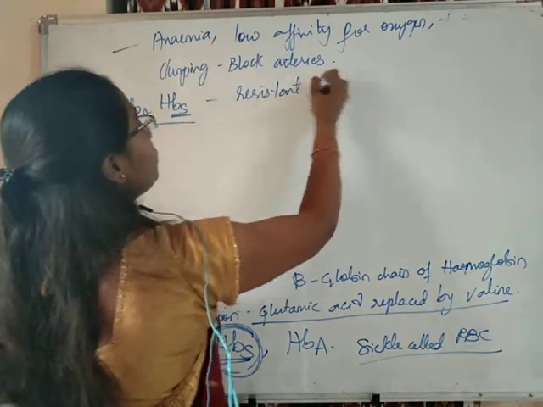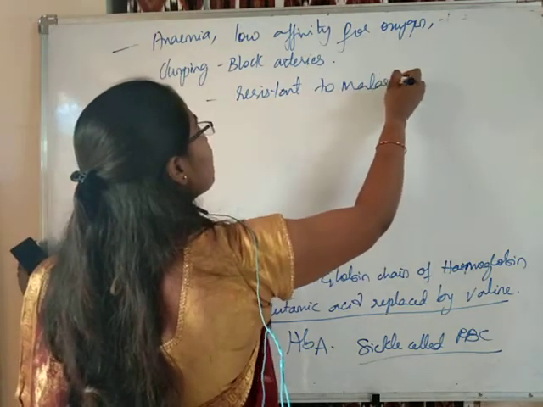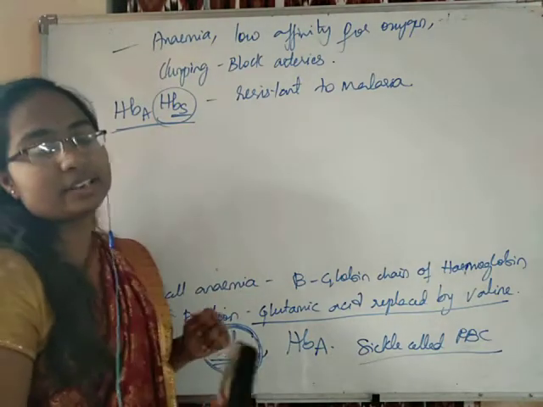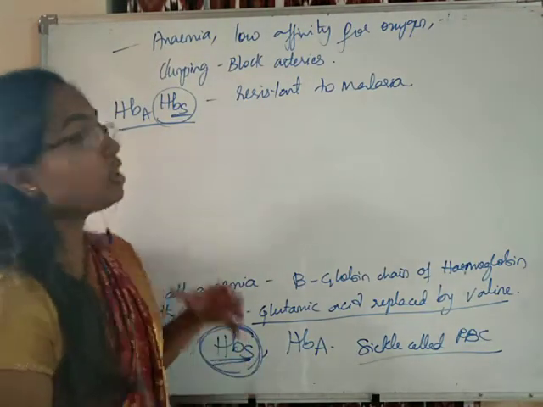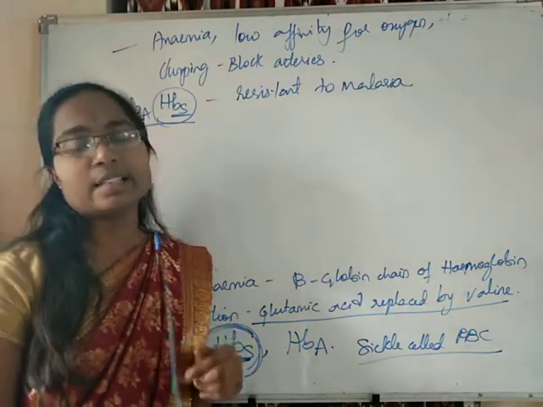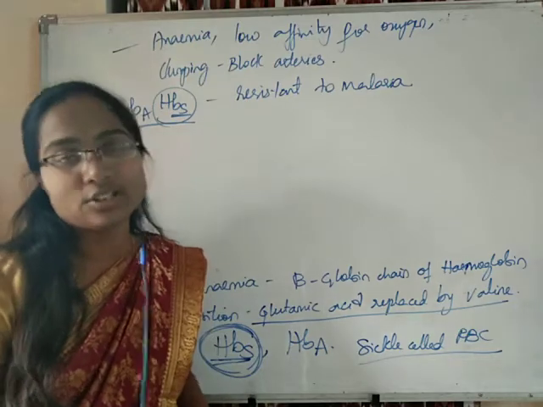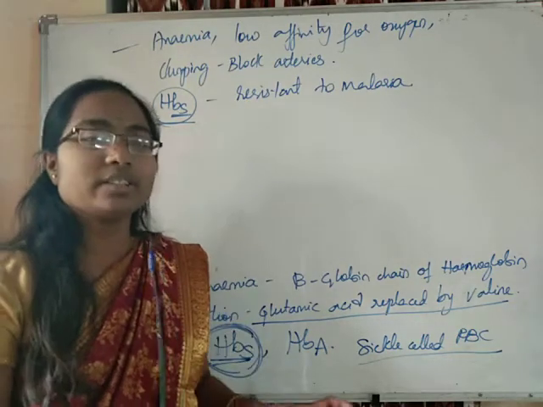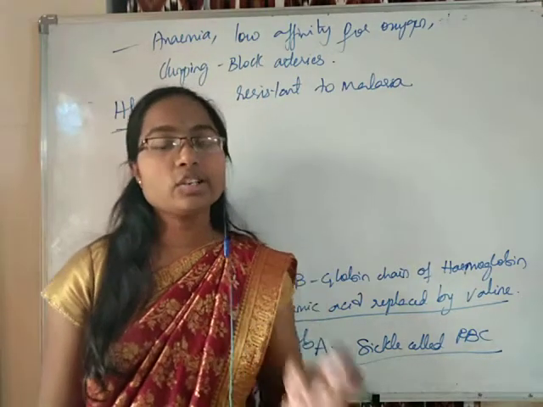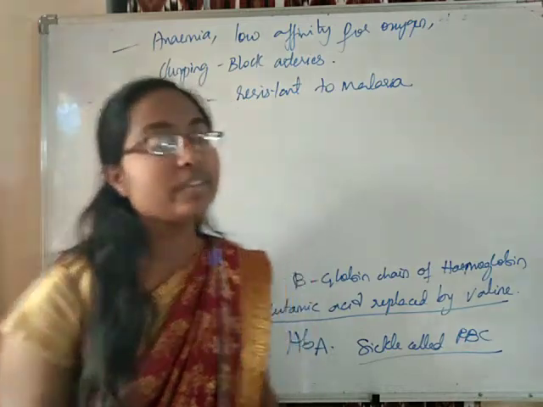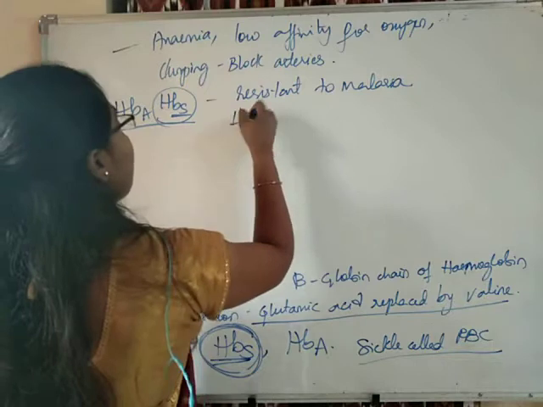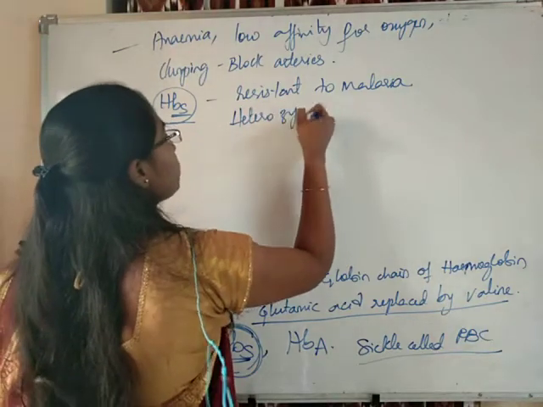This is because the malarial parasite affects red blood cells, and the red blood cells of this heterozygous individual are sickle shaped. The malarial parasite cannot cross the membrane of these sickle shaped red blood cells. Even if it crosses the membrane, it cannot survive inside the sickle shaped red blood cell. That is why this person is said to be resistant to malaria. This is called heterozygote advantage.